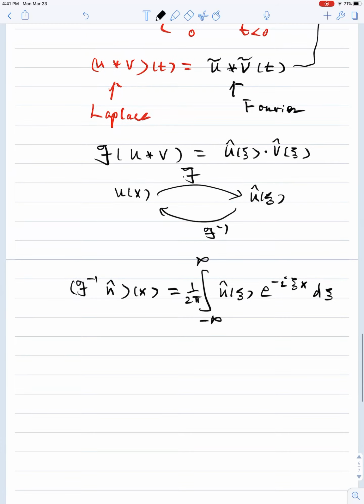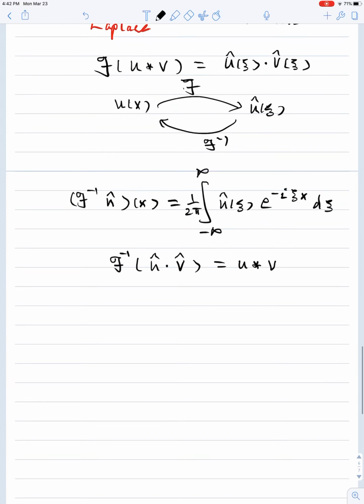So, similarly, the inverse of the Fourier transform of two functions maps back to the convolution. That is just another way to say this theorem.